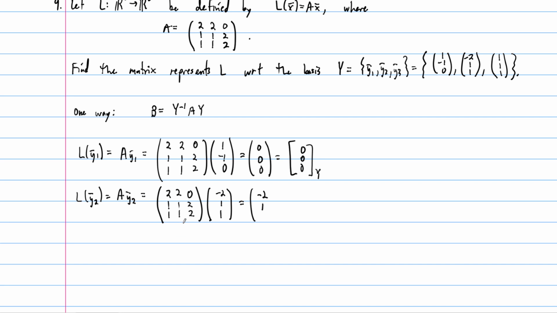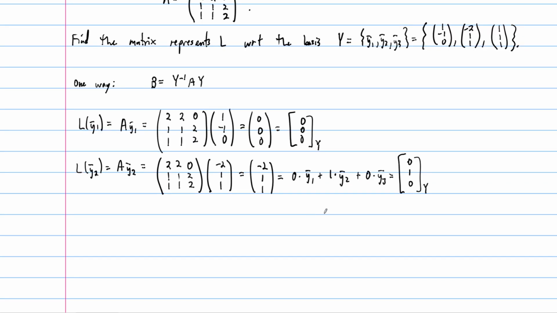Same thing here, it's the same row, so that's also a 1. And so that's y2 itself. So in coordinates, what's that? Well, it's 0 times y1 plus 1 times y2, it gave back itself, plus 0 times y3. So in y coordinates, this is going to be the vector 0, 1, 0. You make sure you get it in y coordinates to make the matrix.